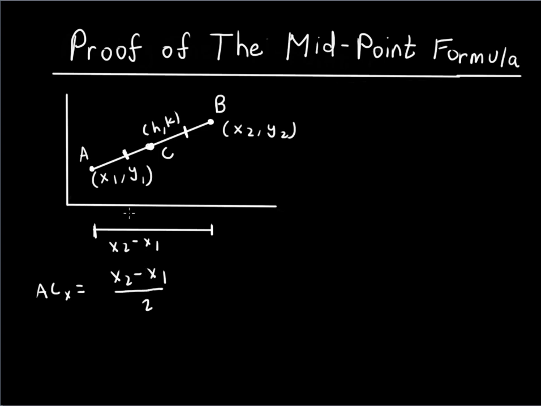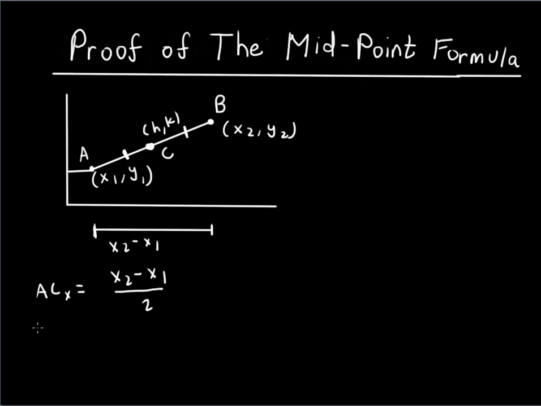Some people would be tempted to say that this would be our formula, but we have to remember that there's also a portion over here, the length from the y-axis to A, and that's x1.